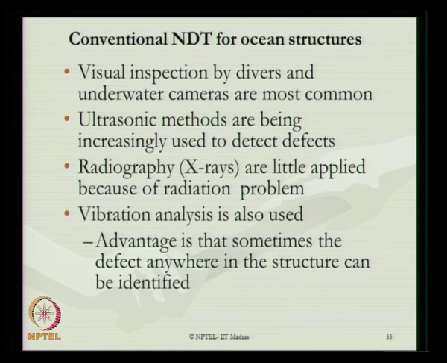Now, one can also think of using conventional NDT for ocean structures. Visual inspection by divers and underwater cameras are the most common methods employed, and based upon that a preliminary assessment of the members is made.